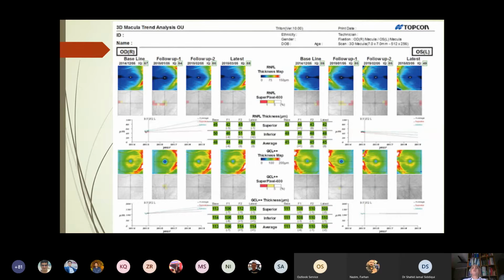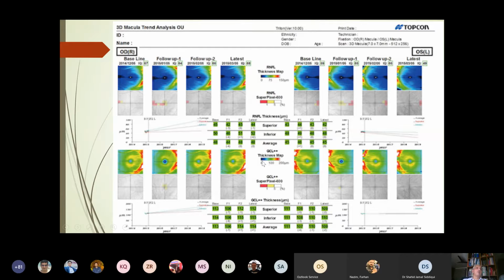And this is a macular trend analysis. We saw the trend analysis of the retinal nerve fiber layer. The other trend analysis is the trend analysis of the macula. It is important to see this is the baseline. Normally, when you would see a macular scan, you would see this yellow area. Here, the yellow area is actually telling you, and you need to always see what this yellow area is representing.